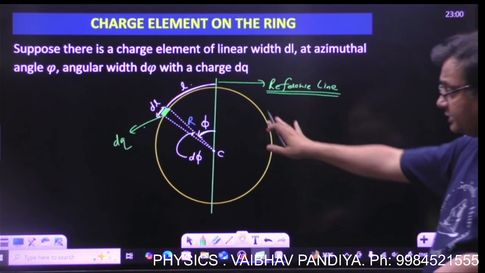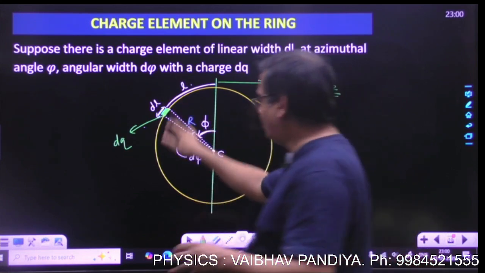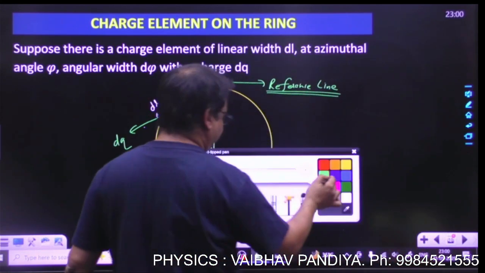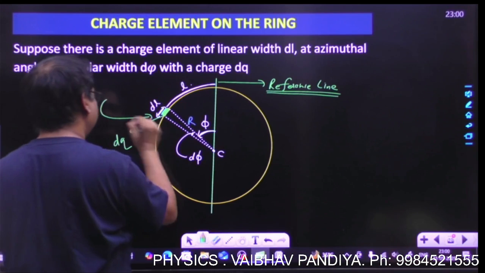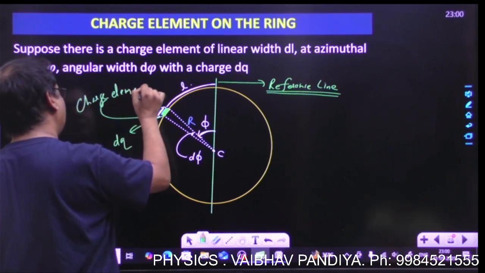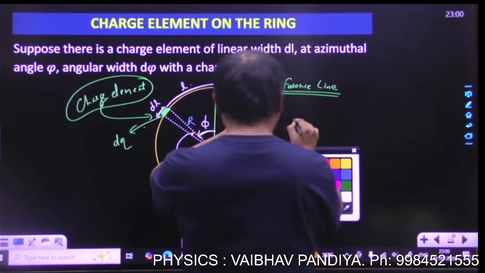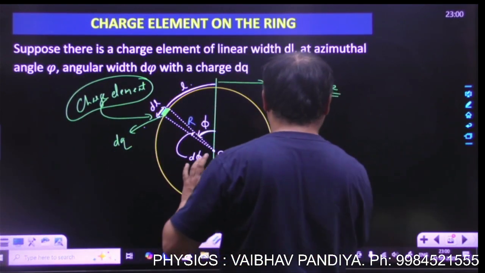This is how we denote a calculus element, an infinitesimal charge on the circumference of the ring. This is what you can call the charge element.